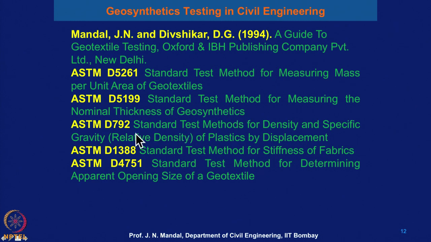ASTM D792, the standard test method for density and specific gravity or relative density of plastics by displacement. ASTM D1388, the standard test method for stiffness of fabric. ASTM D4751, standard test method for determining apparent opening size of a geotextile.